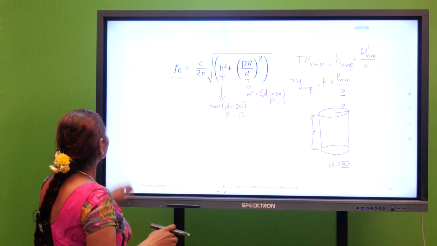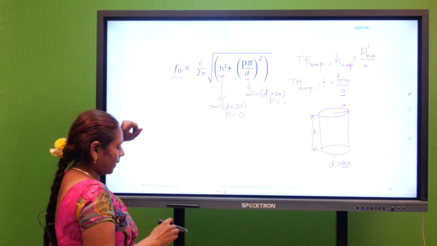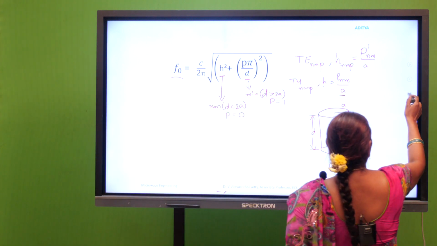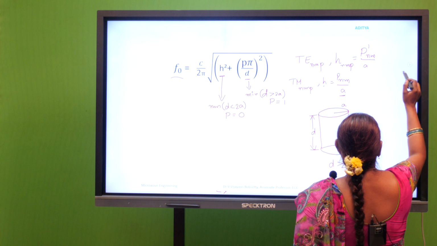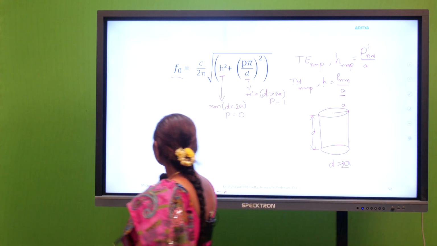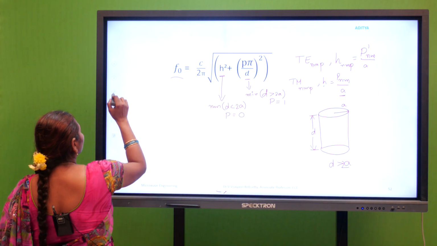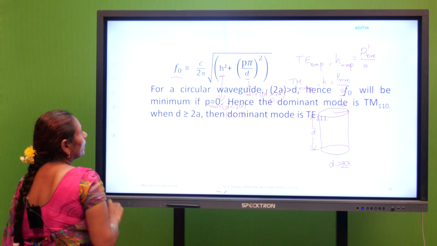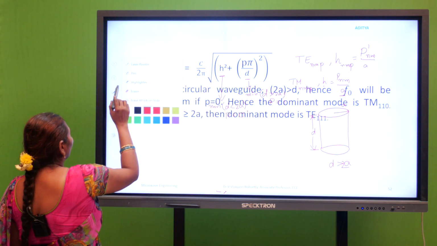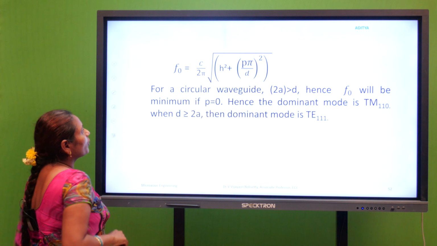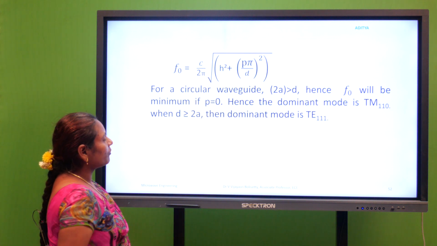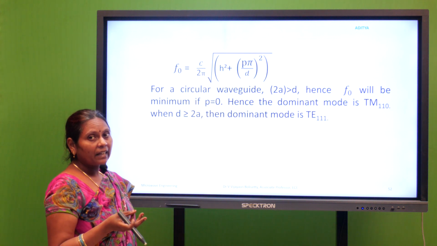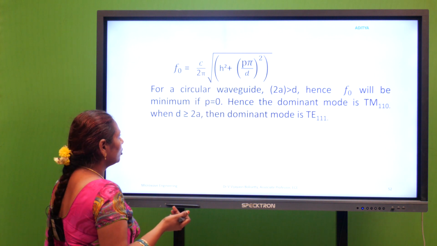So, now let us see. For a circular waveguide, we have to check whether D is greater than 2a or D is less than 2a.